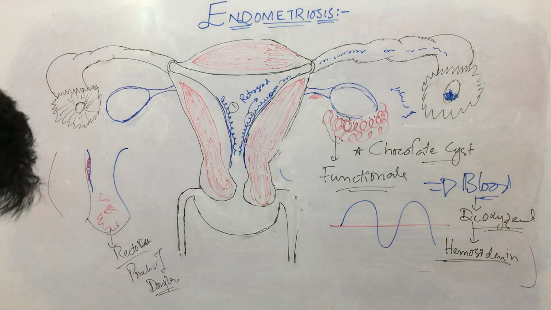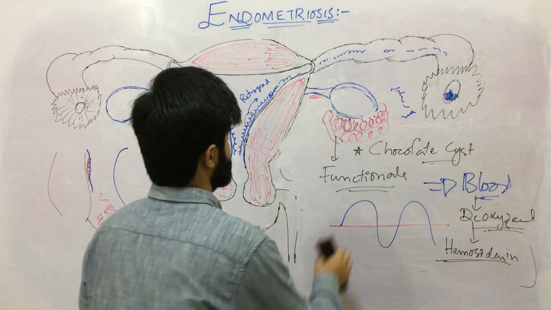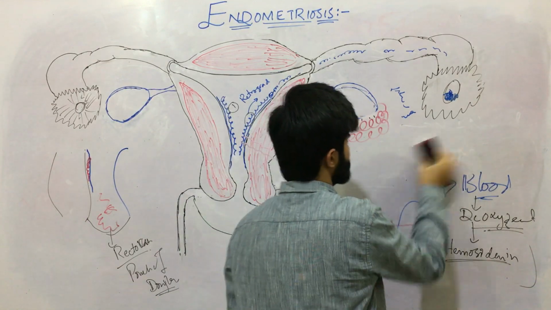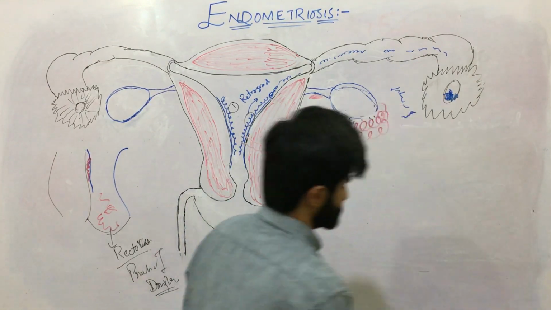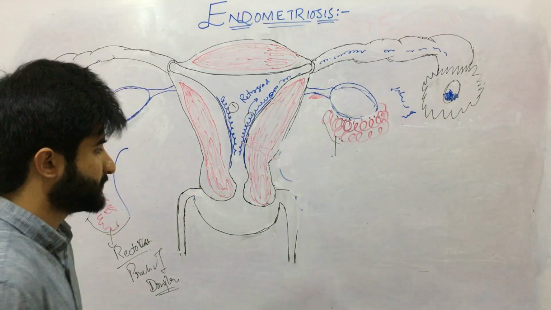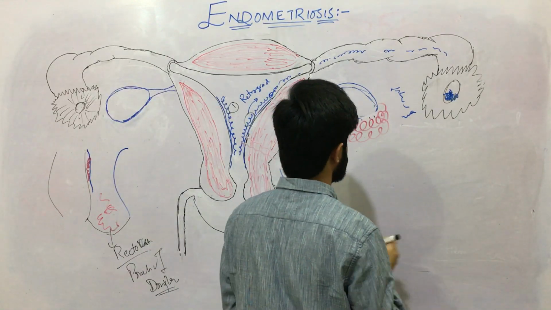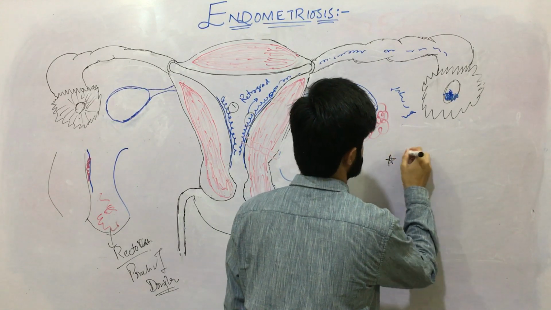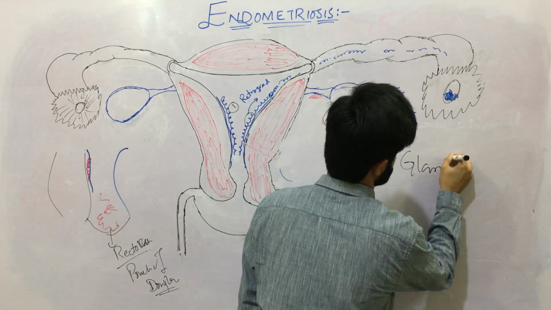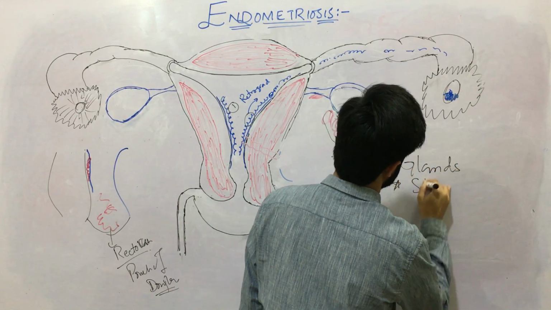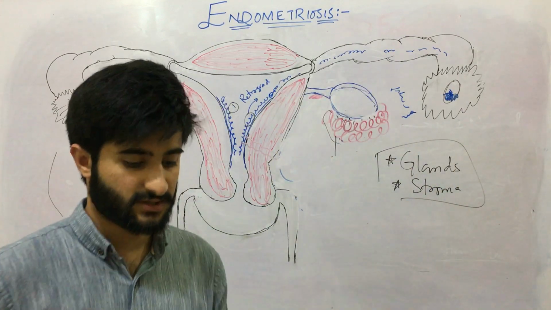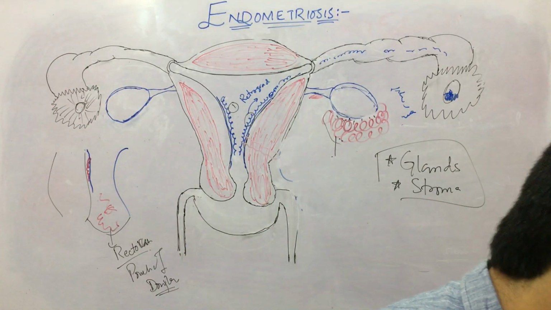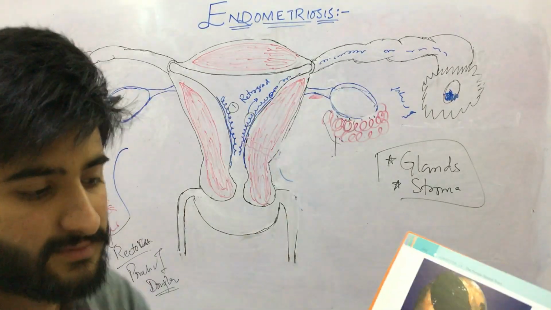Now, how will this endometrial tissue look under a microscope? Under the microscope, you will be able to see two things. Endometrium is composed of glands and the second one, stroma. Let's see this diagram.